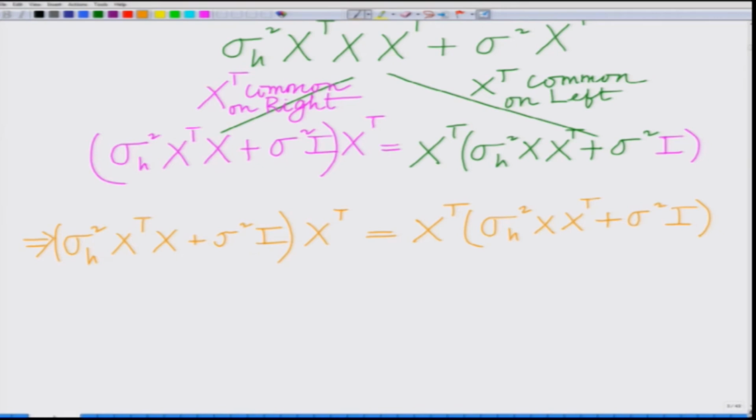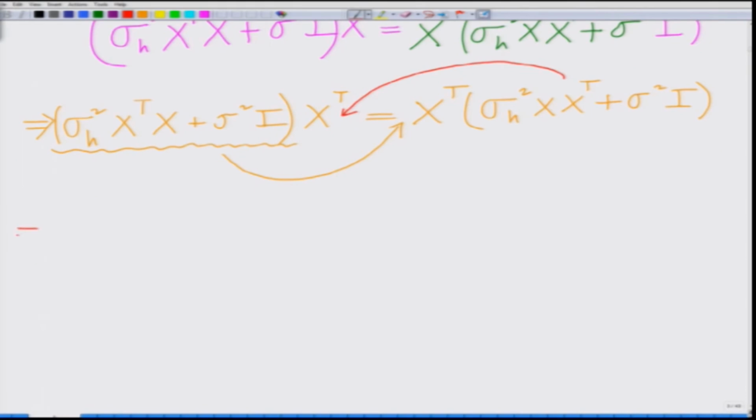Now since both these quantities are equal, I can multiply with the inverse of (sigma h square x transpose x plus sigma square identity) on the left, and take the inverse of (sigma h square x x transpose plus sigma square identity) and bring it to the right.